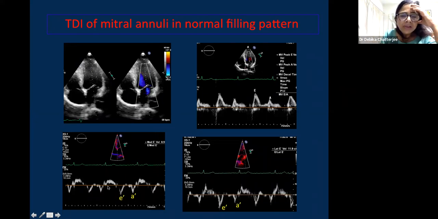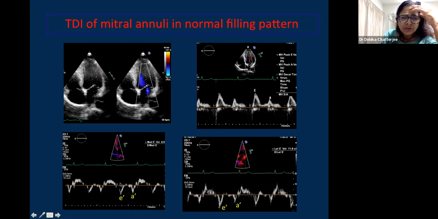So this is the baseline, the yellow line. Above the baseline are the systolic waves, and below the baseline are the diastolic waves. Because we are concerned about diastole, look at the diastolic waves. The first big diastolic wave is called the E prime, and the second big diastolic wave is called the A prime. And you look here, E was more than A.